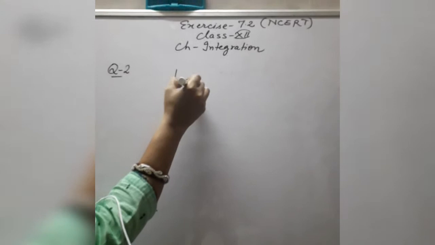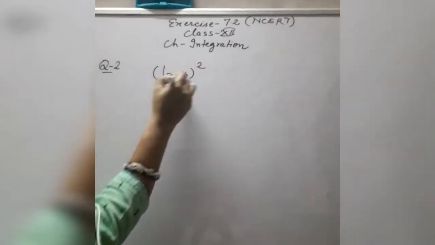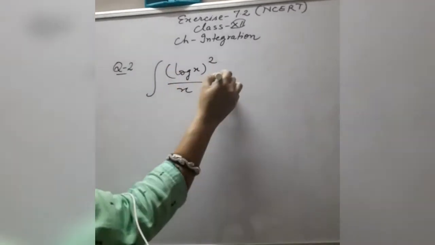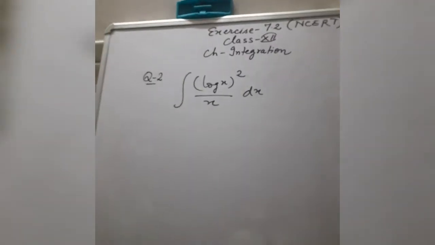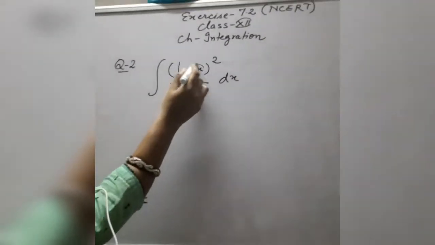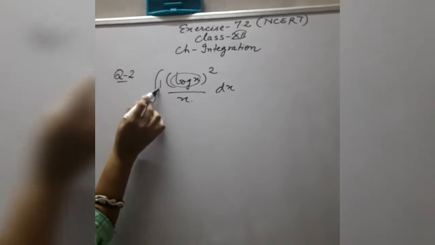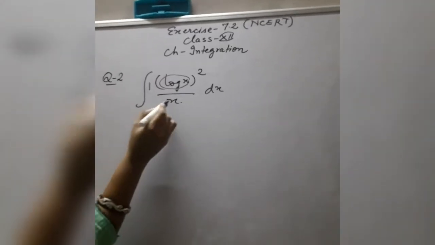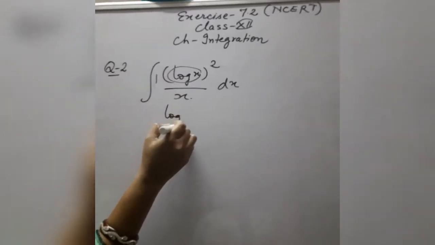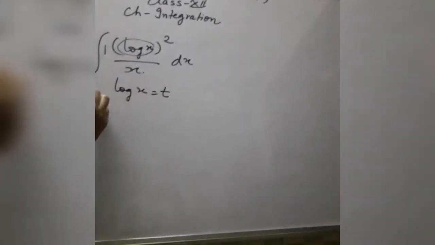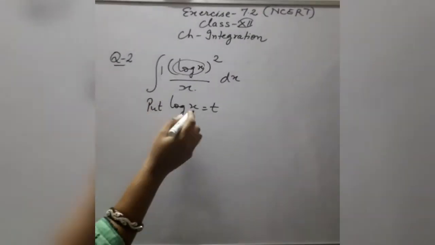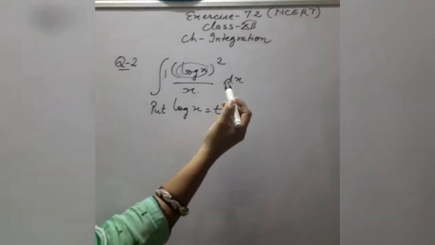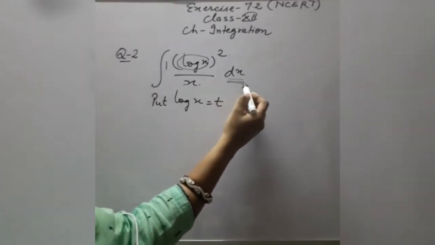Now in the second sum, (log x) whole square divided by x is the function, and we have to integrate this with respect to x. All of you know that the derivative of log x is 1 by x, and 1 by x is also here in the statement. That's why you will put log x is equal to t in this case. After putting log x is equal to t, we want to replace dx also in terms of dt.